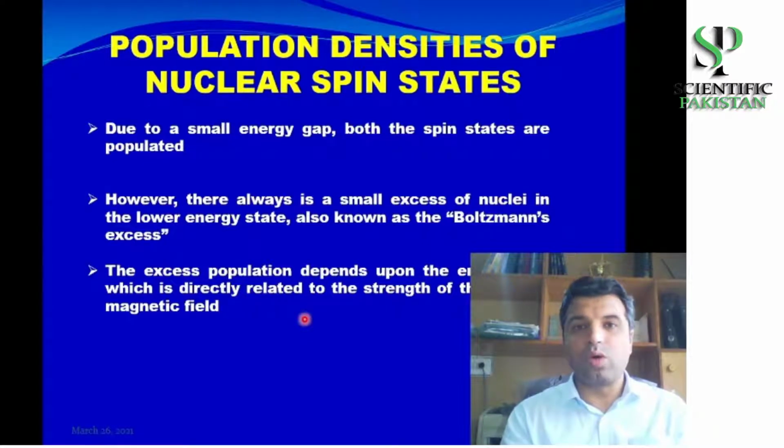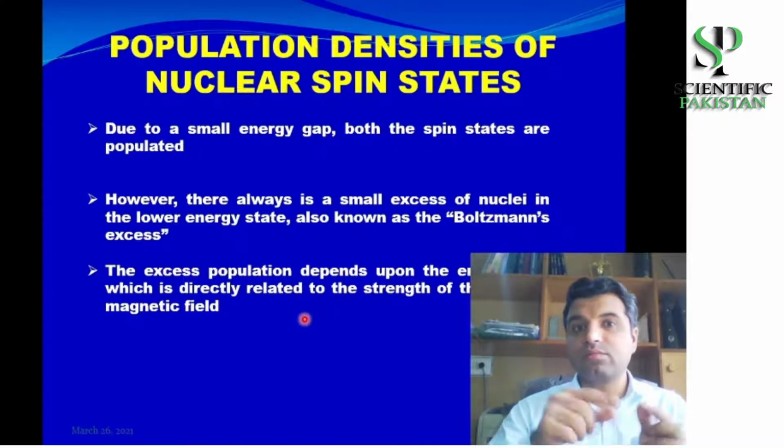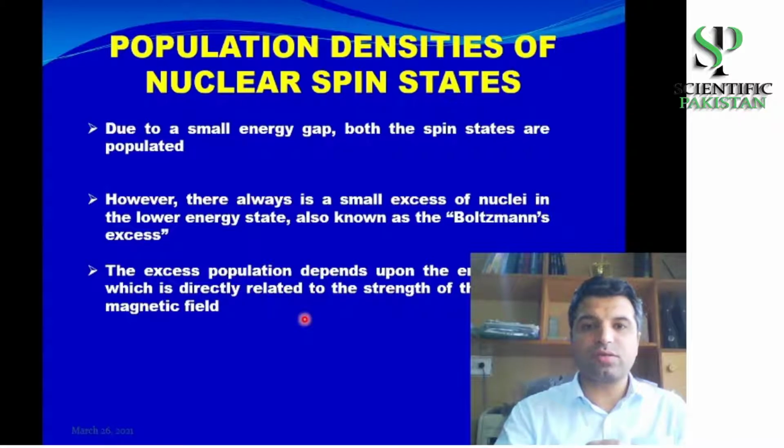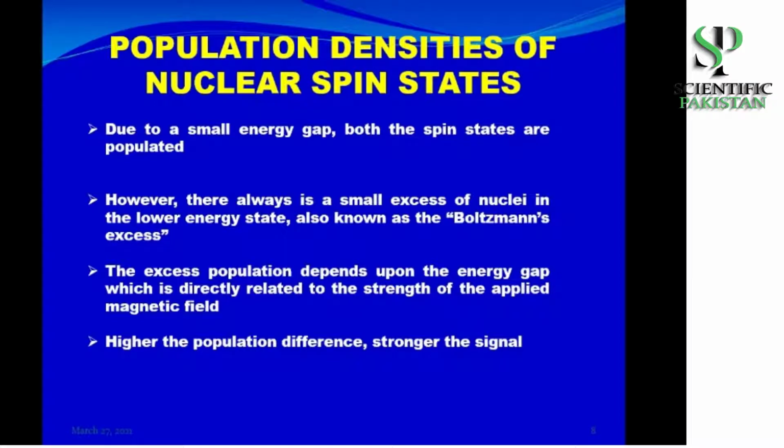So what do we have to do with that? Why would we like to increase the number of nuclei in the alpha state, or the difference of population between the alpha and beta states? We do need it. Why? Because a higher population difference means a stronger signal.